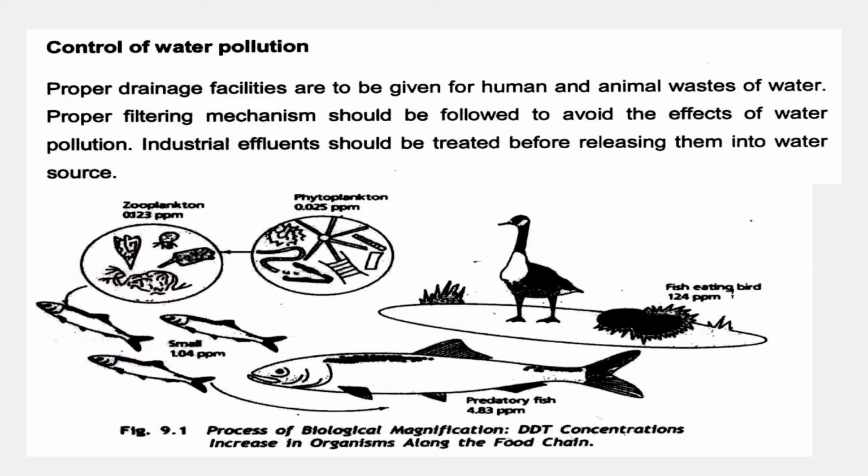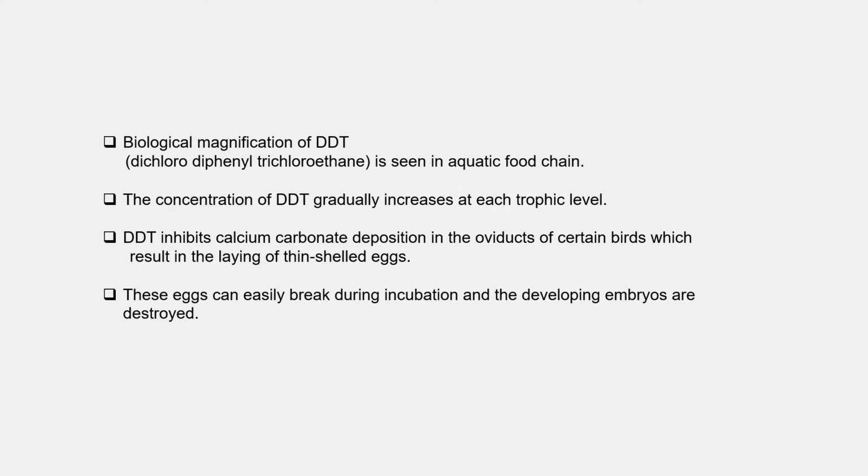DDT concentration. I will tell you what that is. Biological magnification of DDT. DDT expansion: dichloro, diphenyl, trichloroethane. And this biological magnification is seen in the aquatic food chain.